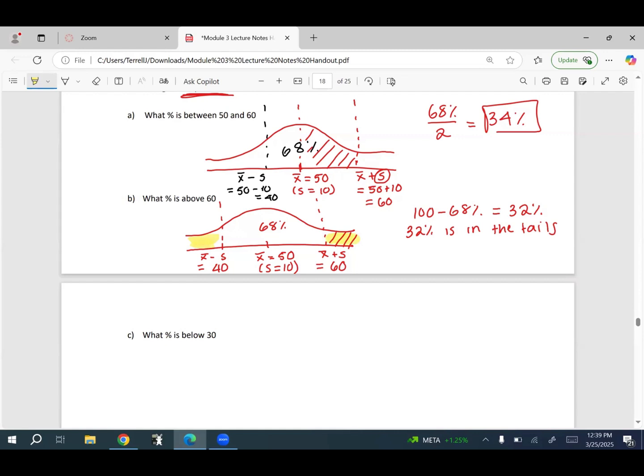But if I only want the tail that's shaded in red there, because this is symmetrical, I can just do 32% divided by 2. Cut it in half, and that gives me 16%. This is 16%. So is this. And if you add 16, 68, and 16, you would get 100.